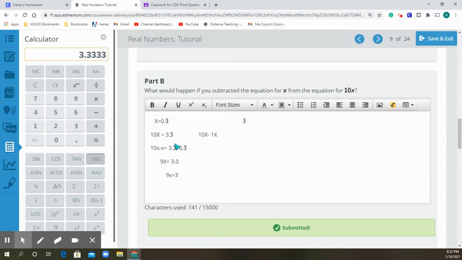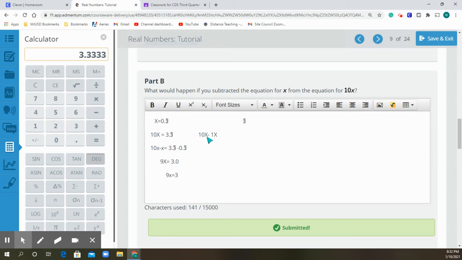I want to zoom in on this for a little bit here. So then what they want us to do is subtract x from that equation. Essentially, we took x, multiplied it by 10, and got 3.3 bar.